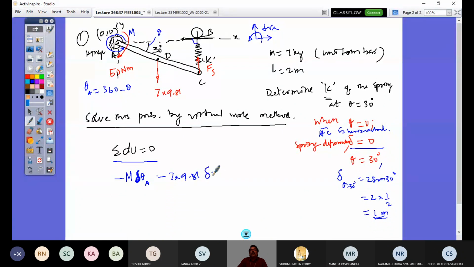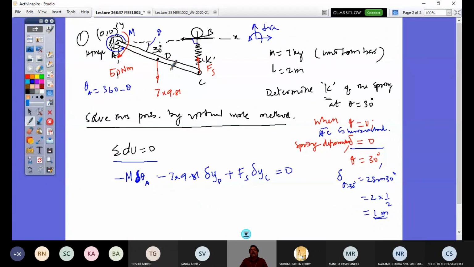Plus the spring force Fs, which I have put as plus because it is upwards, into delta YC. That is equal to 0. This is the total work in the system under equilibrium, which is equal to 0. When the system is under equilibrium, you are giving a virtual displacement, assuming an arbitrary displacement consistent with the direction of forces and the couple.